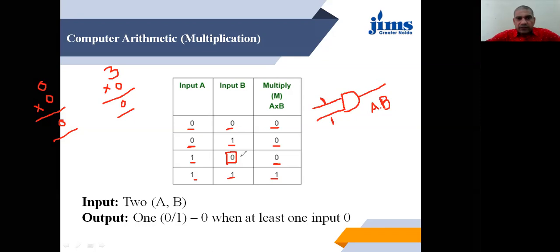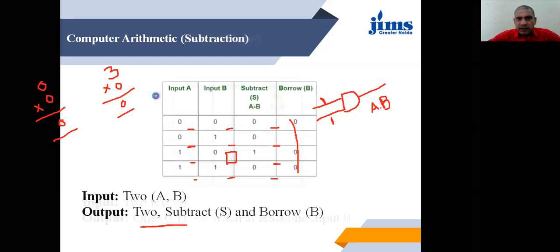So, if there are two inputs A and B, then output is only 1. Only and only 1. In the last slide, if you will see, in case of addition and subtraction, the results have two values.